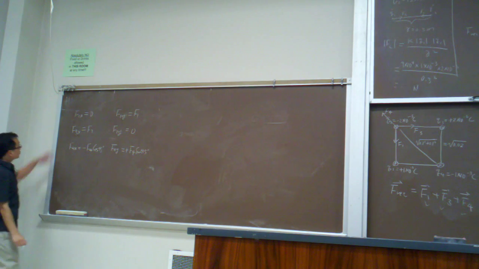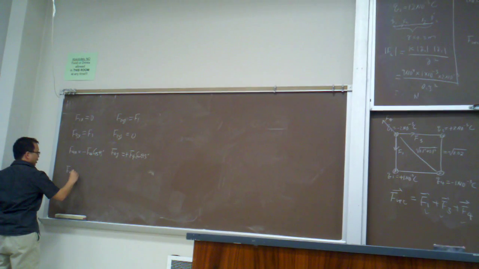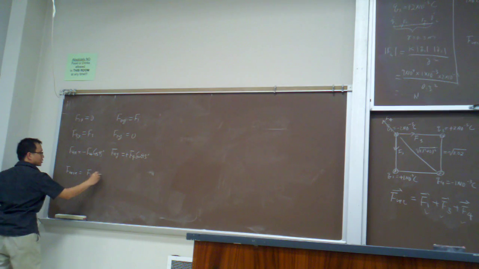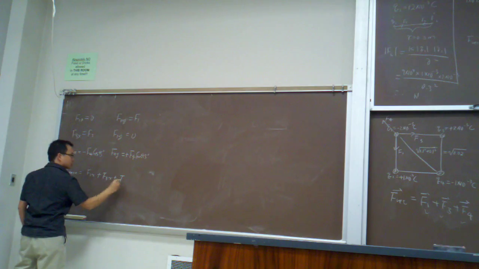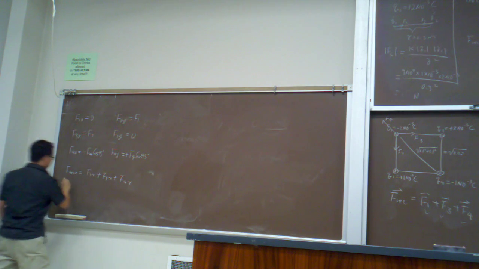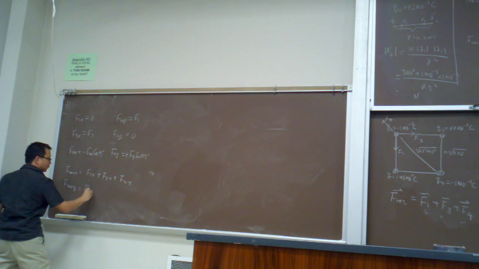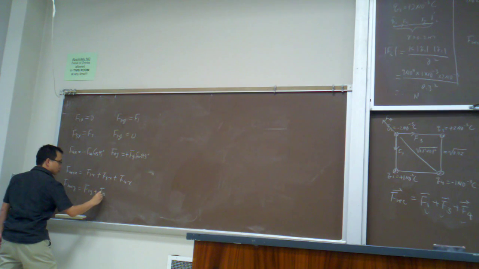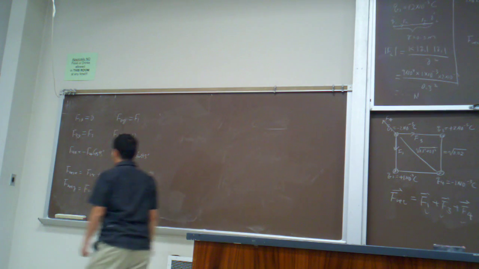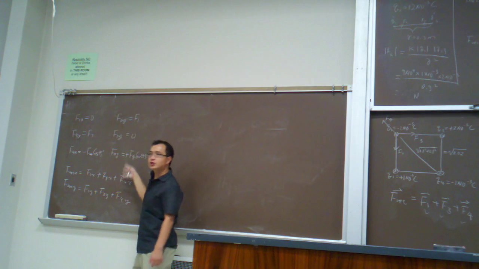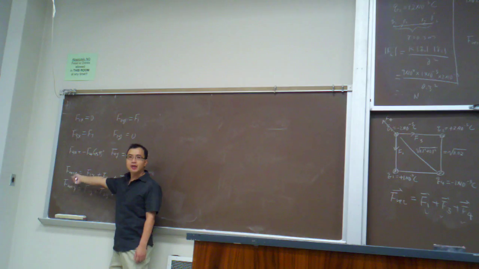And then the next step is to combine the three: F net x equals F1x plus F3x plus F4x, and F net y equals F1y plus F3y plus F4y. If you add these numbers, you get the x and y components of the net force.